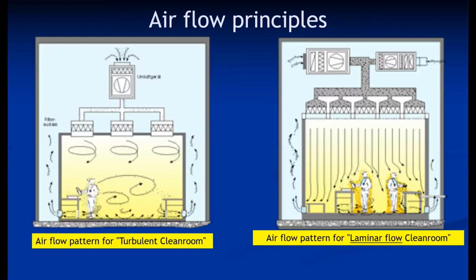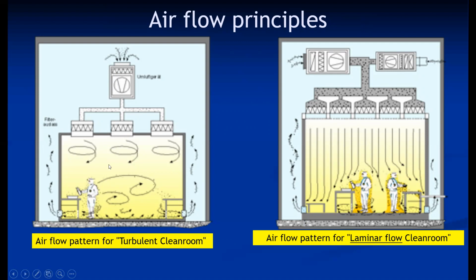As far as airflow patterns are concerned, mainly two types of airflow patterns are adopted in clean rooms, that is turbulent clean room and laminar flow clean room. A laminar flow clean room provides uniform flow with the help of supply ducts where perforations are provided so that the air is uniformly spread over the entire area, and the airflow pattern is uniform.